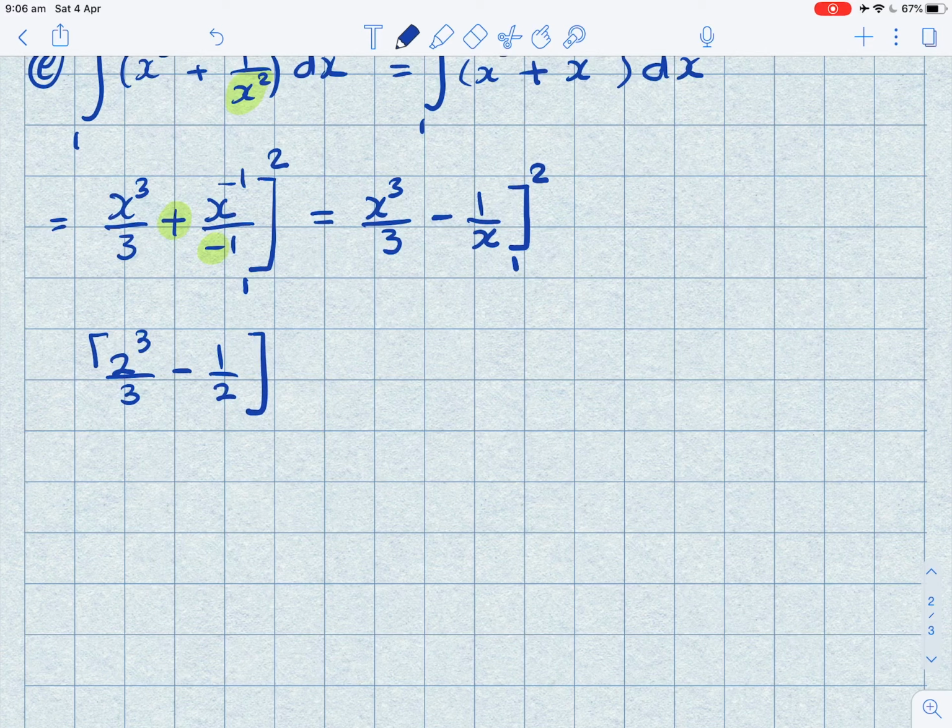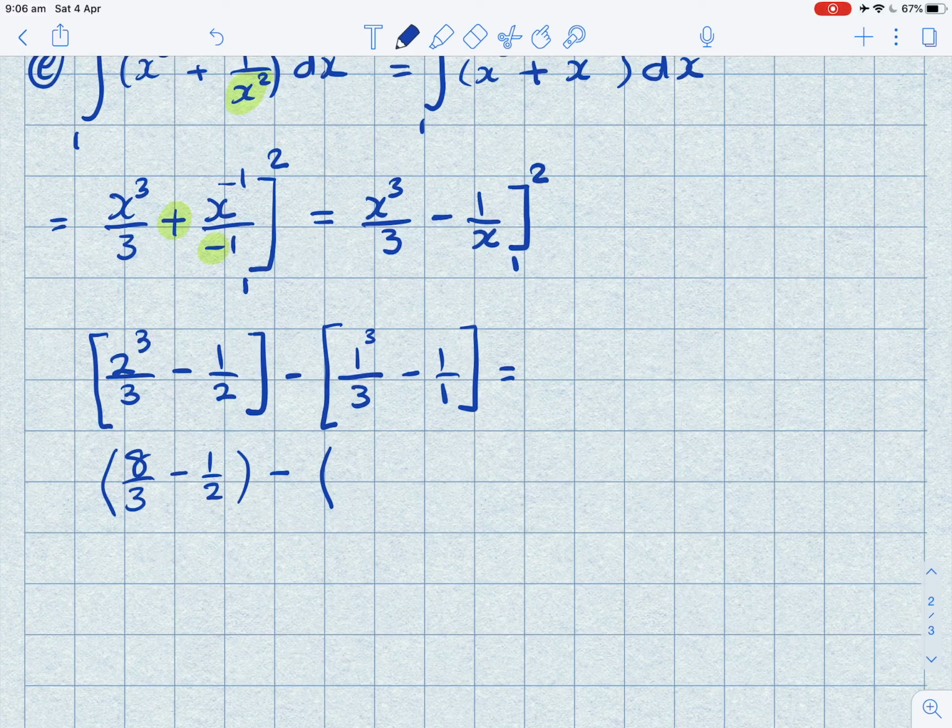So that's the upper limit, then minus, I'll substitute the lower limit, so instead of the x, it's going to be 1 to the power 3 over 3, which is 1 over 3, minus 1 over 1. That gives us 2 to the power 3 is 8, so it's 8 over 3 minus 1/2, then minus 1/3 minus 1, which is minus 2/3.